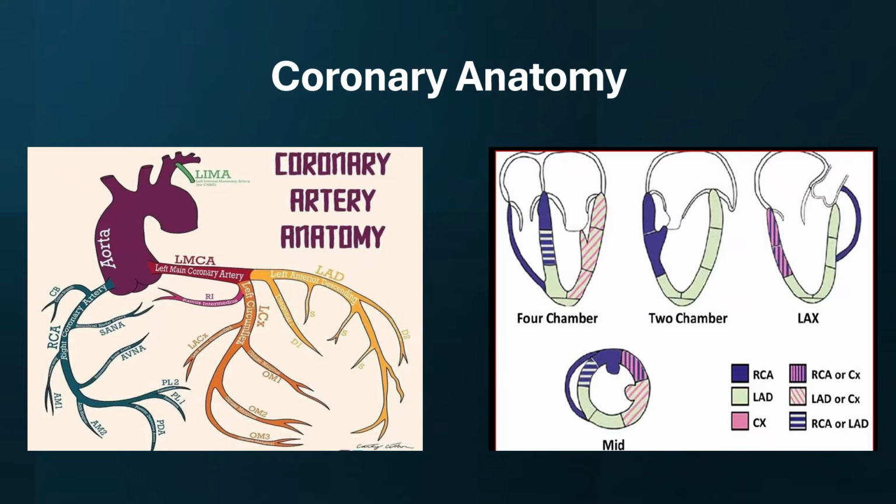Again, just to remind, this image is from the TEE, and for the mid-papillary view on TEE, the top wall is going to be inferior wall, and the bottom wall will be anterior wall, which is reversed for TTE. Again, for TTE, if it's a TTE image, on the top you will see anterior wall, on the bottom you will see inferior wall. Please pause the video if you need more time to review this concept.